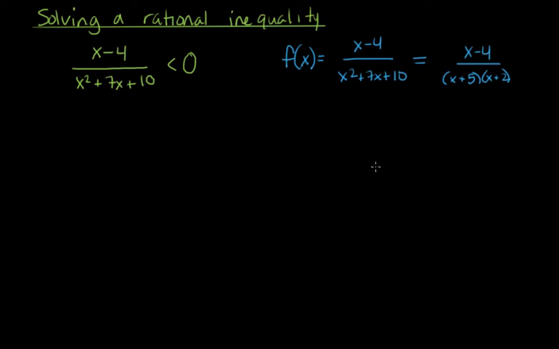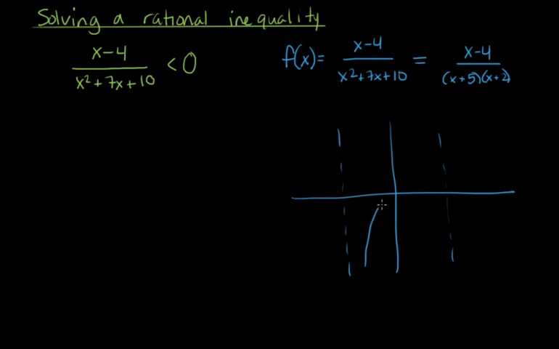When you think about a rational function, it sometimes switches over from positive to negative when it crosses through 0. Here's a really quick sketch of a rational function. It might cross through here, so here would be a 0, and that would switch from negative to positive.